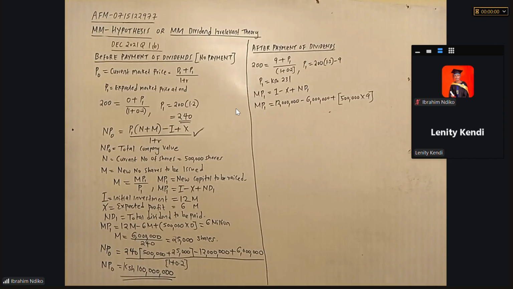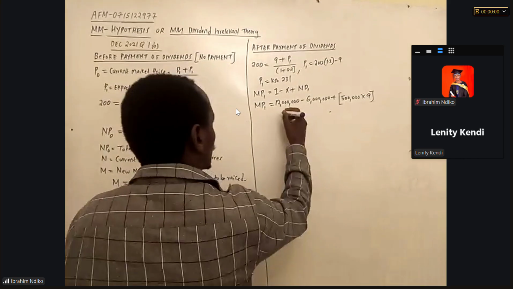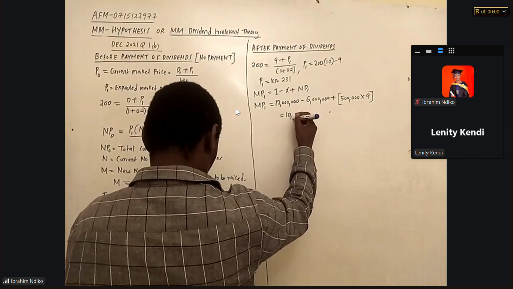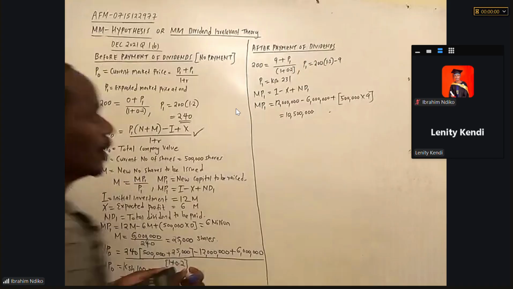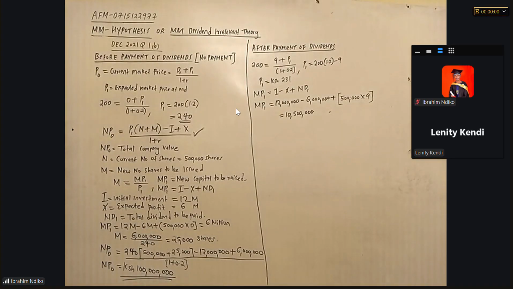How much will it be? Yes. How much am I giving you? 10,500,000. Are you getting that one, MP1? Yes. So what will be your aim?